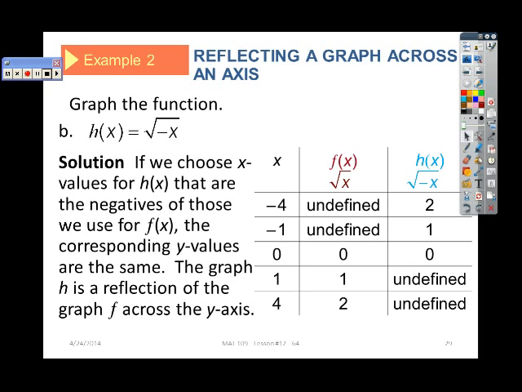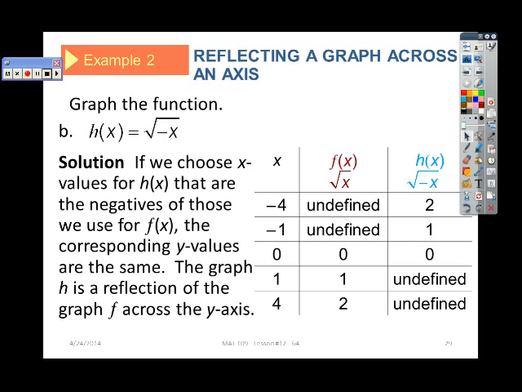Here, if we make our table, square root of x has this xy table. It's undefined in the negative numbers. If x is negative, it's undefined. 0 is fine. But if I put a negative on x, then that changes. Now, if I put in -4, I'm going to do minus a -4, which is +4, and I can take the square root.